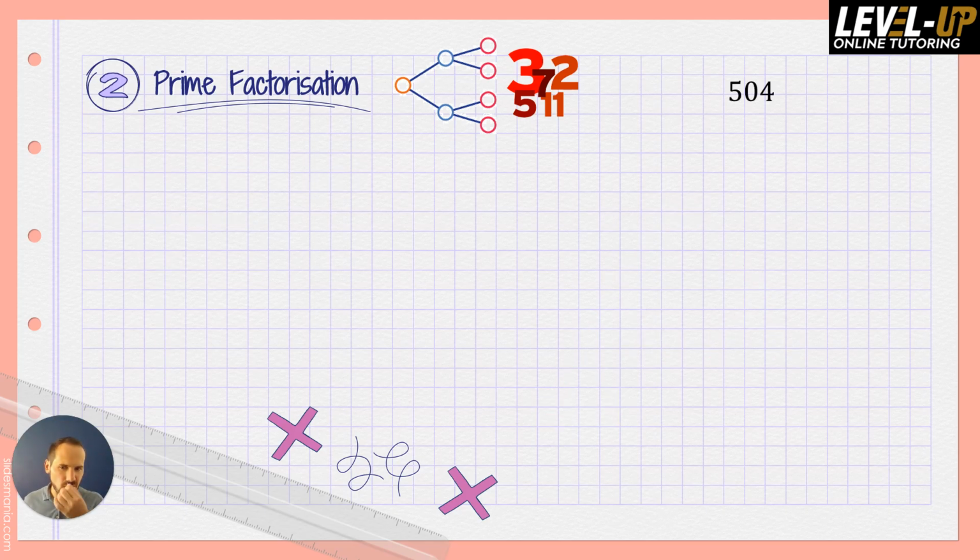And if we try again for another number, a common thing I do see is people pick quite small numbers. So you might look at, say, you see that it's divisible by 2. So you split it into 2 and 252. 252 is still quite a big number.